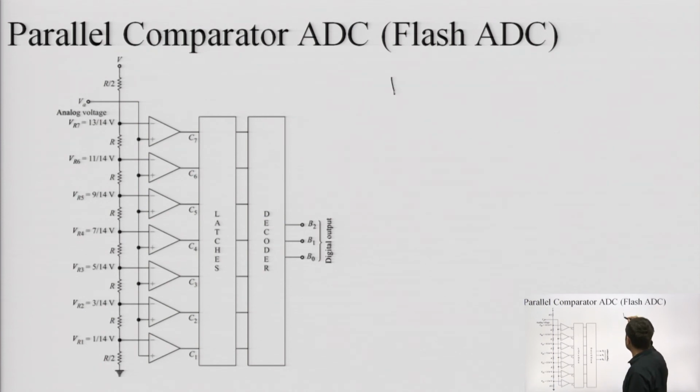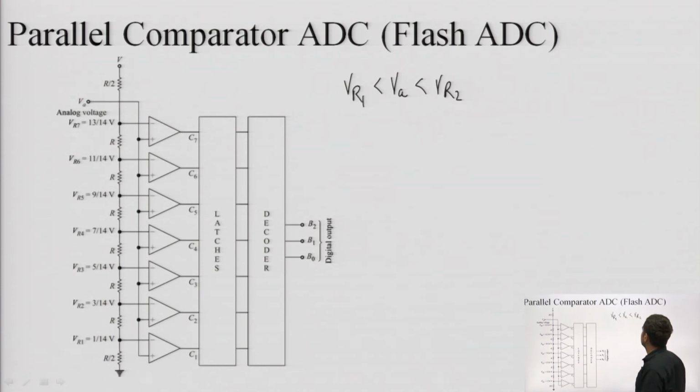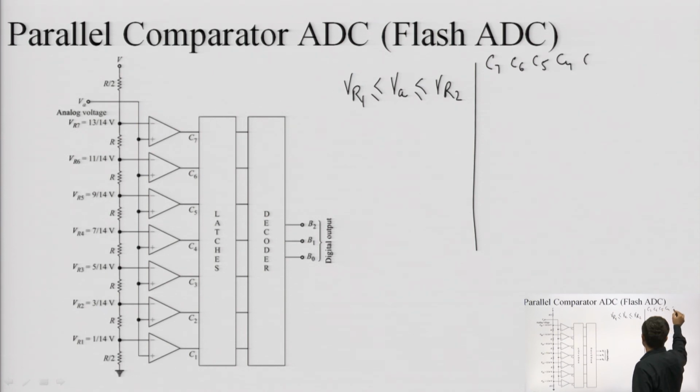If my analog voltage VA is greater than VR7, we have to make such an arrangement that if VA is greater than VR1 but less than VR2, or we can mention this sign as well, then the comparator outputs are C7, C6, C5, C4, C3, C2, C1 and C0.